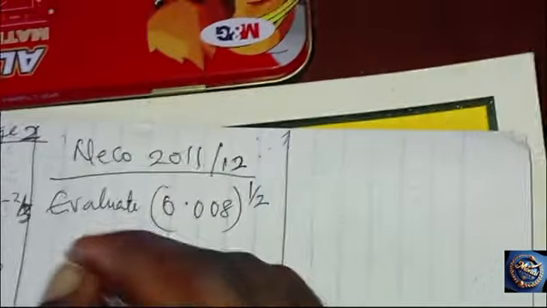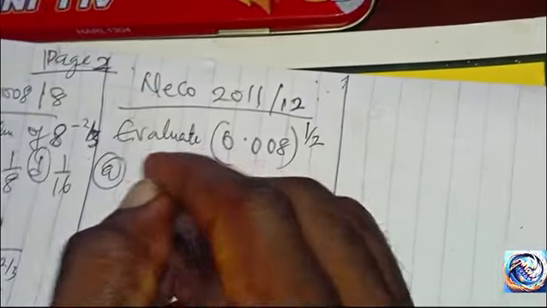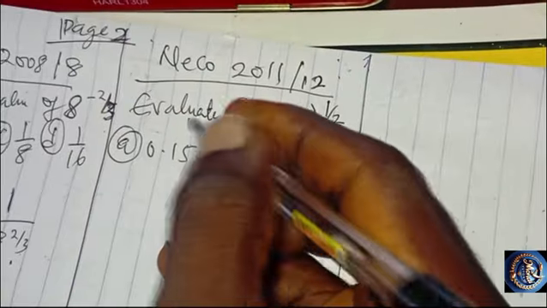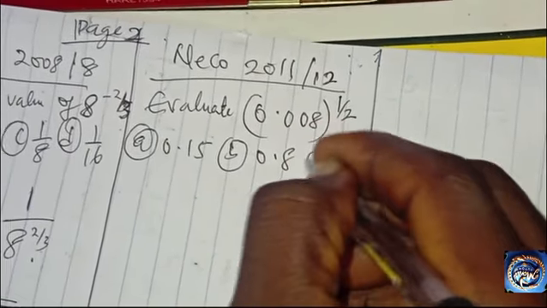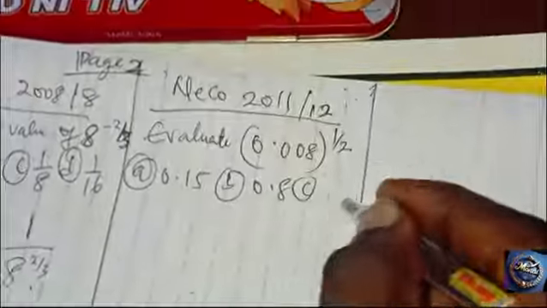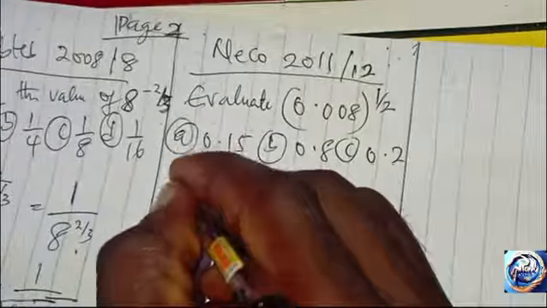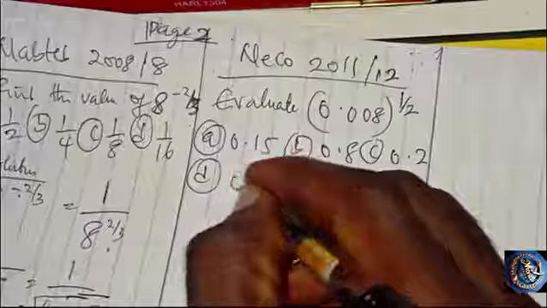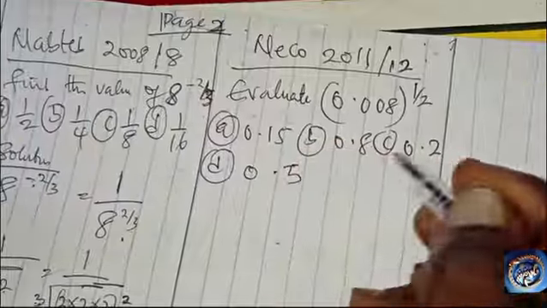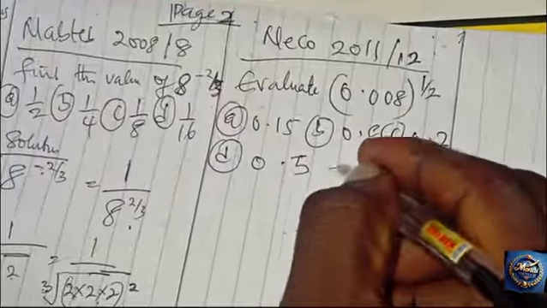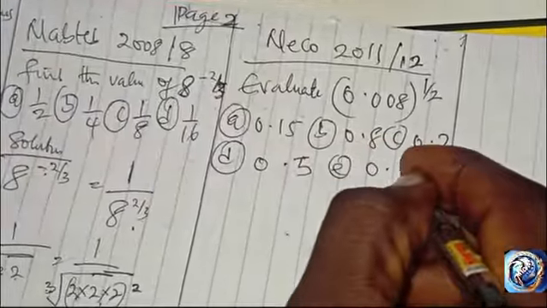The options are A, 0.15, B, 0.8, C, 0.2, D, 0.5, then E we have 0.1.